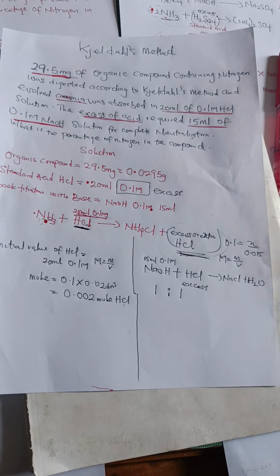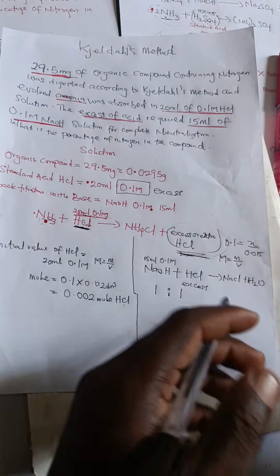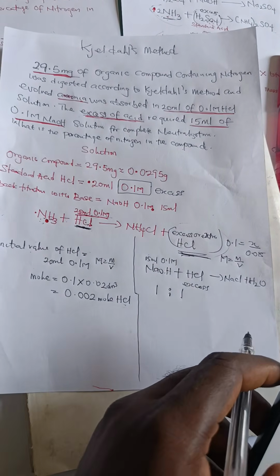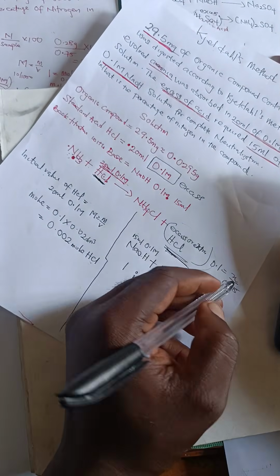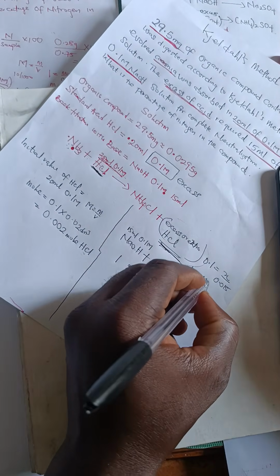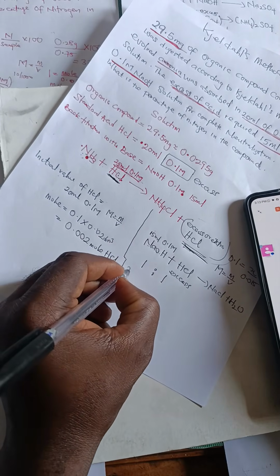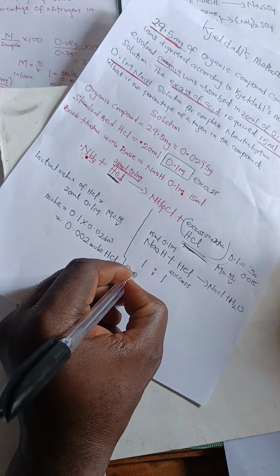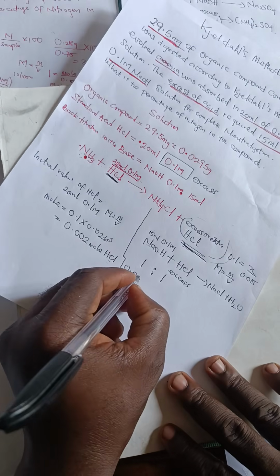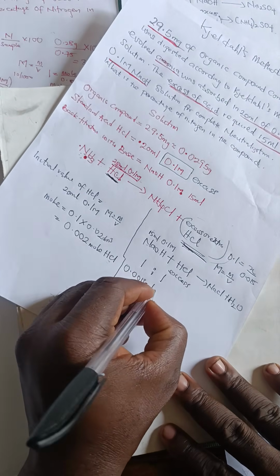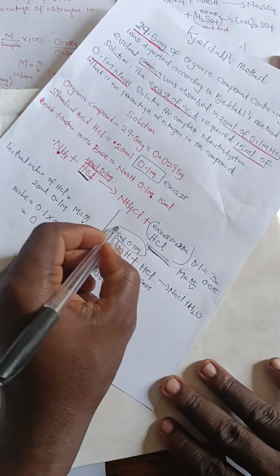So we need to get the mole out of that. So 0.015 multiplied by 0.1. That will give us the mole of this NaOH, which is now 0.0015 mole. I got that using this information.